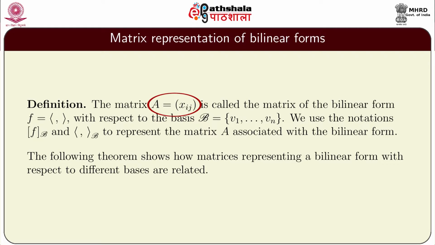Therefore, this matrix A, whose entries are the inner products of vi and vj, is called the matrix of the bilinear form with respect to a chosen basis B consisting of the vectors v1, v2, up to vn. And let us use the notation, this box F with respect to B or the inner product with respect to B, to represent the matrix A associated with the bilinear form. The following theorem shows how matrices representing a bilinear form with respect to different bases are related.